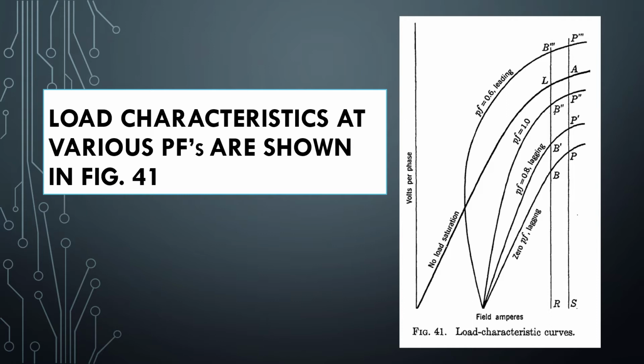By looking at the diagram, we can see the load characteristics at various power factors. We can notice that they all pass through the same lower point, which corresponds to zero terminal volts at full load current. This is obtained only by short-circuiting the armature terminals.